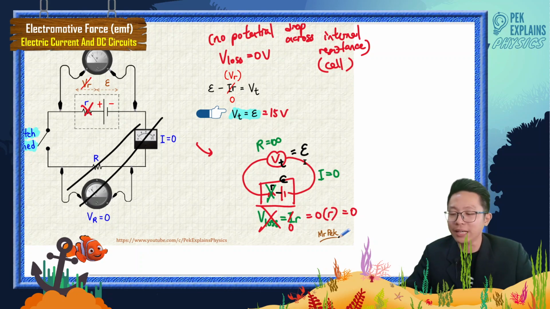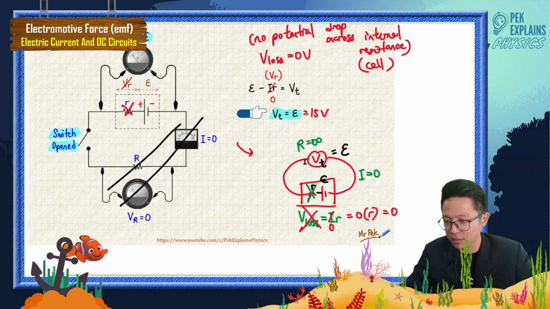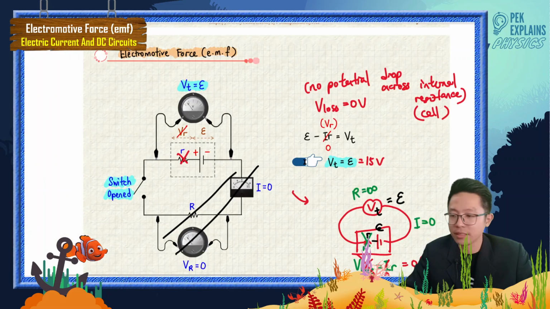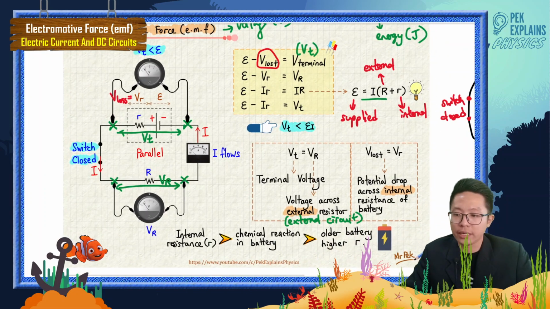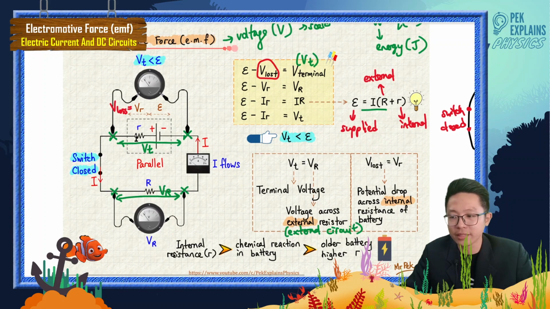So that's it about these parts. What I want to say is, when you close the switch, you will get a terminal voltage less than the EMF because it is a complete circuit. You have current flow, so you have voltage loss across the internal resistor.